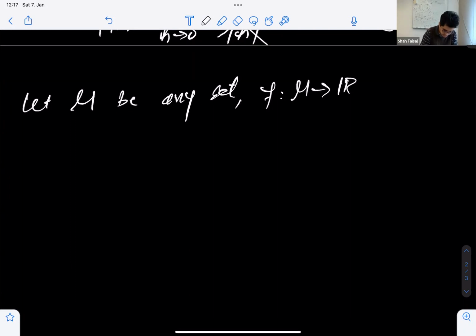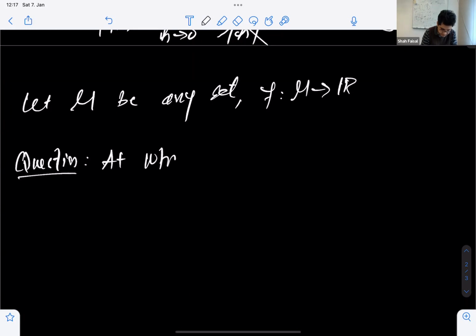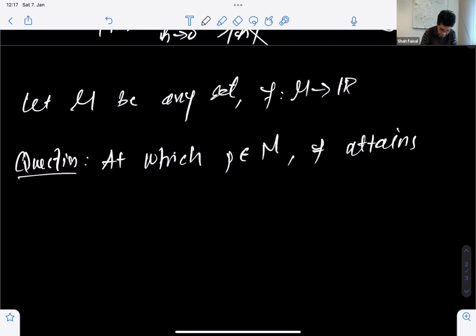So the question is, at which P, if any, in M does F attain its maximum?